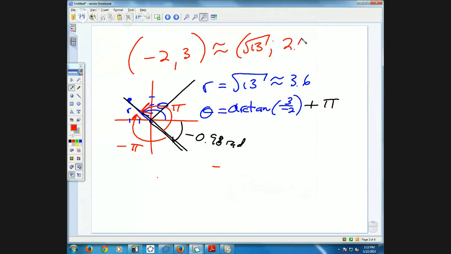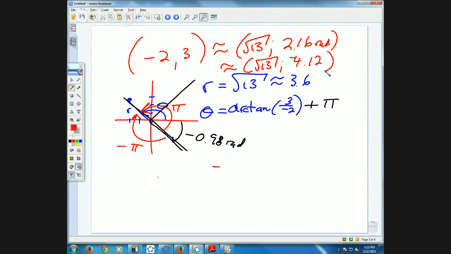So 2.16 about, again, radians, or same point, square root of 13, and then -4.12. So both of those polar coordinates refer to the same exact point. So one problem in polar coordinates is any polar point can be represented in infinitely many ways.